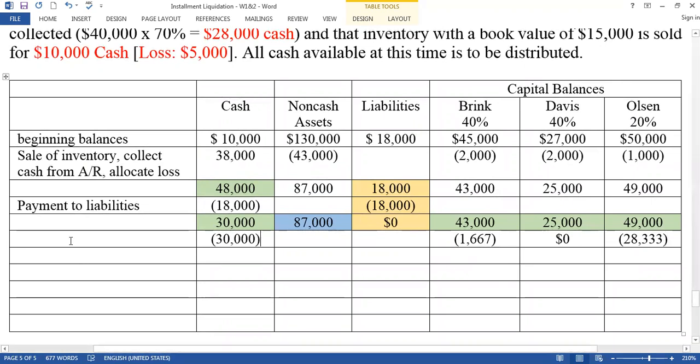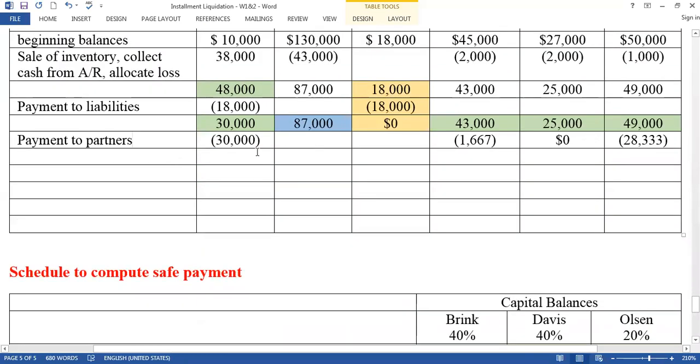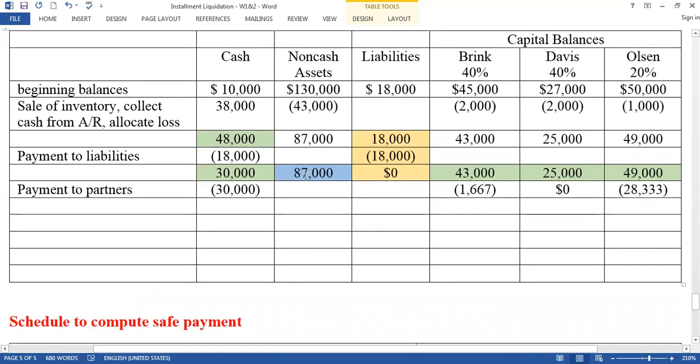So this is called payment to partners, $30,000. Now what is the balance here? Zero. $87,000.